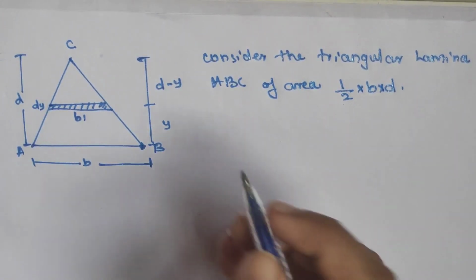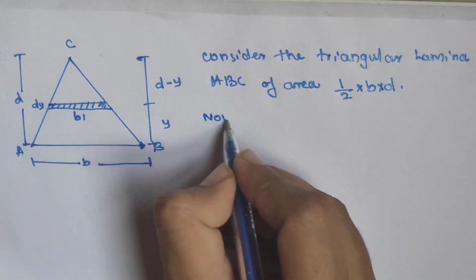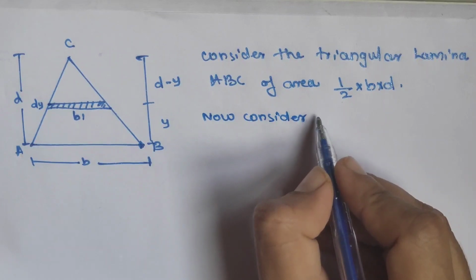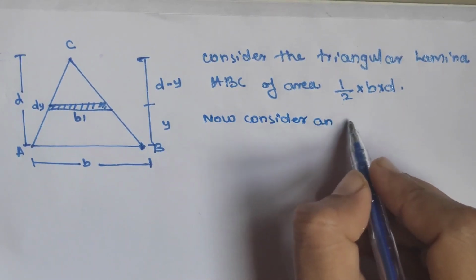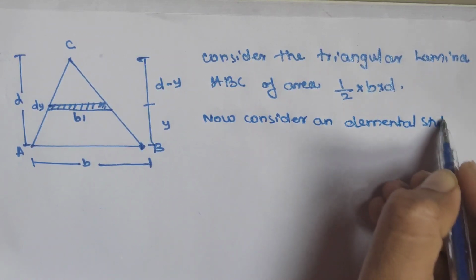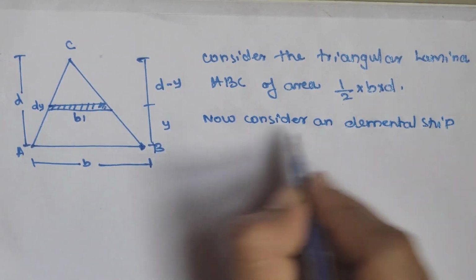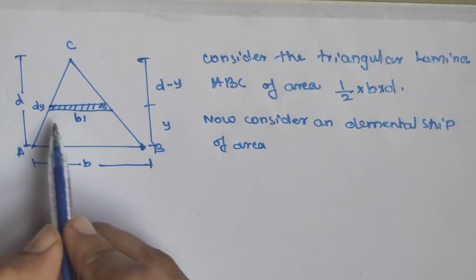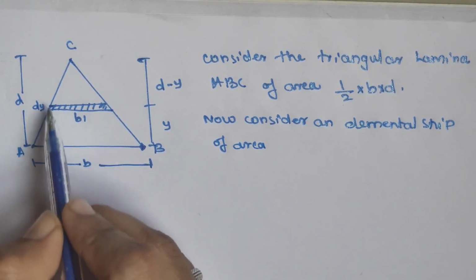Now consider an elemental strip of area. What will be the area of the elemental strip? Breadth is B1 and depth is dy.